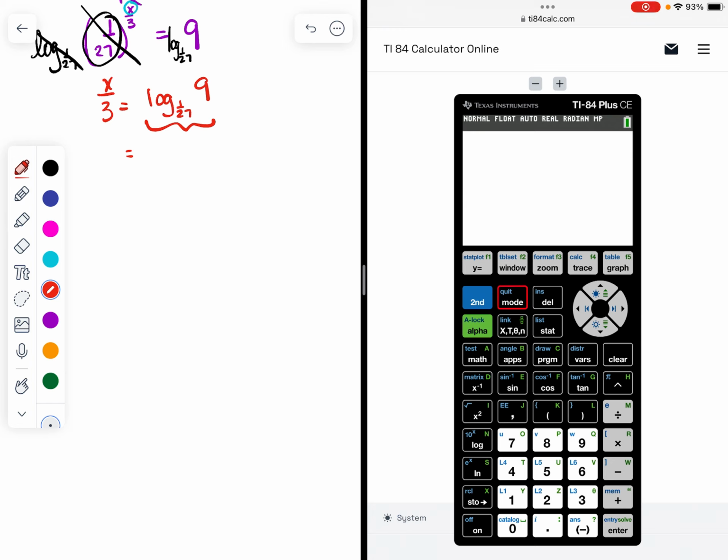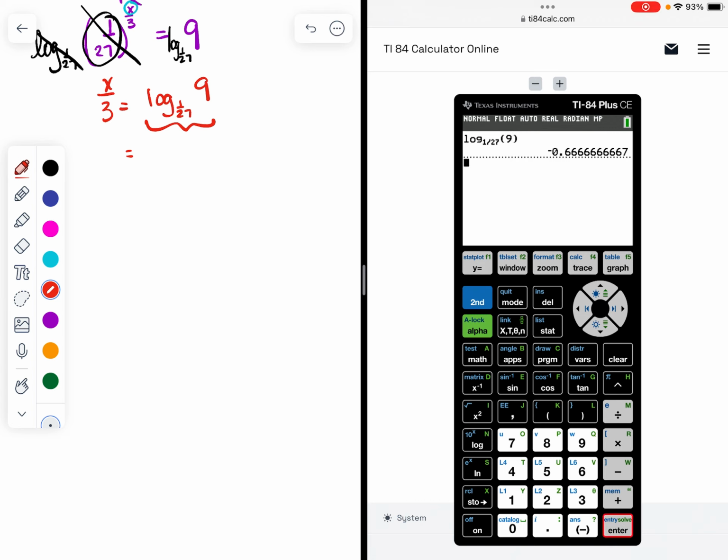We're going to take the change of base, or you can use math option A. That's my log base. So this is going to go 9 in the base of 1/27, and we get approximately negative 0.666667.